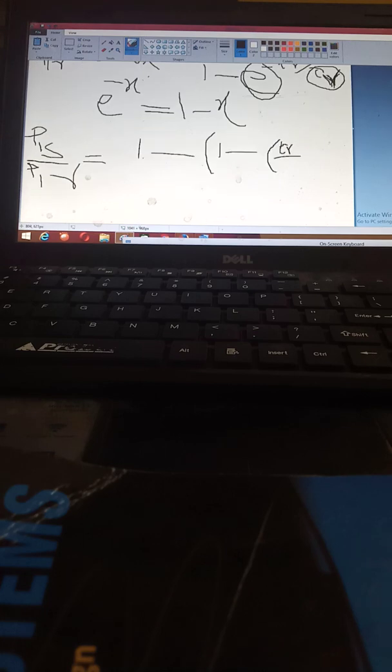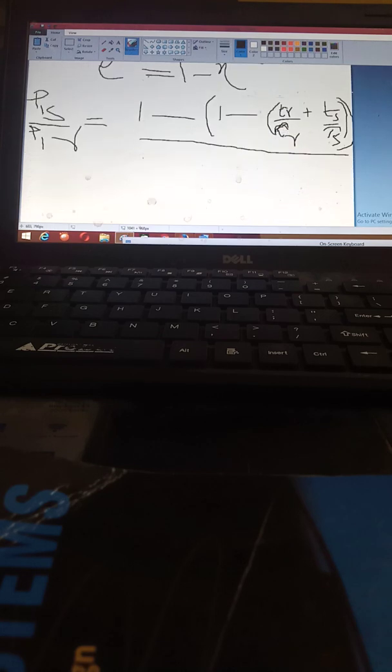TR by tau R plus TS by tau S. Clear now? So this full numerator is divided by the denominator, where I will do the same thing: 1 minus 1 minus TR by tau R. I hope you understood.